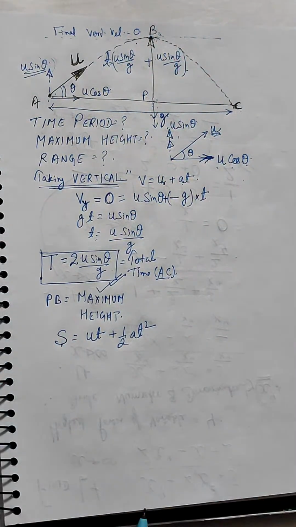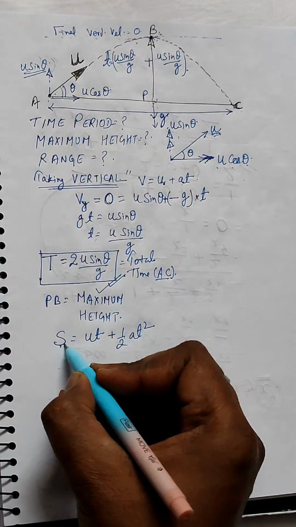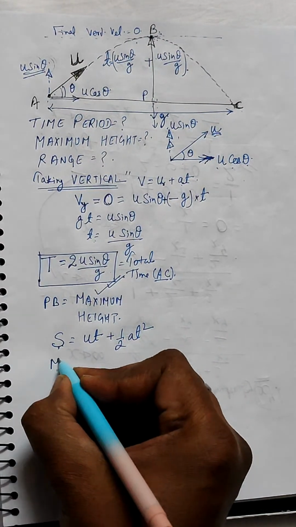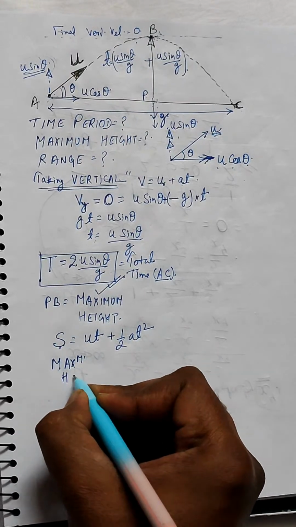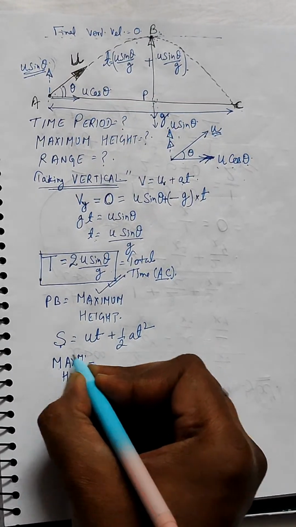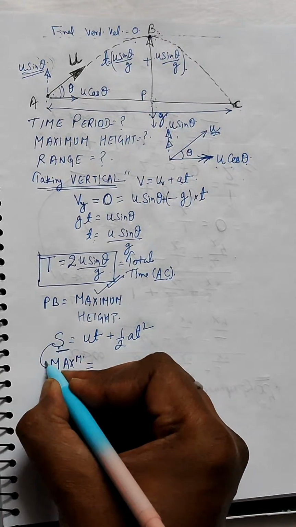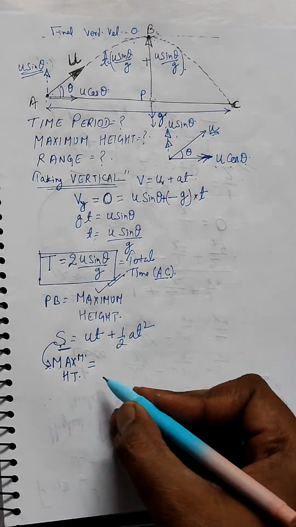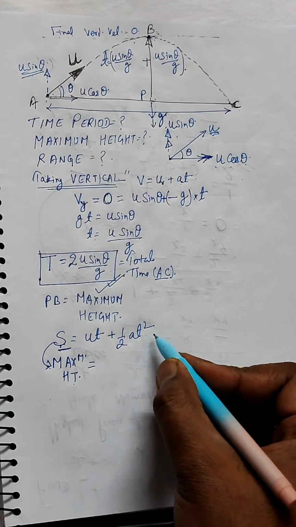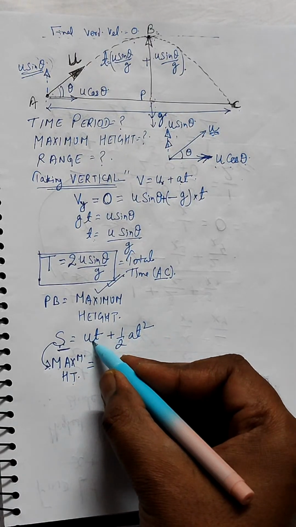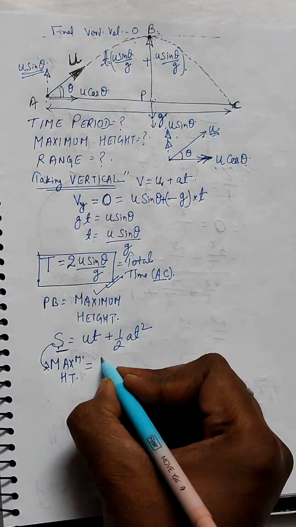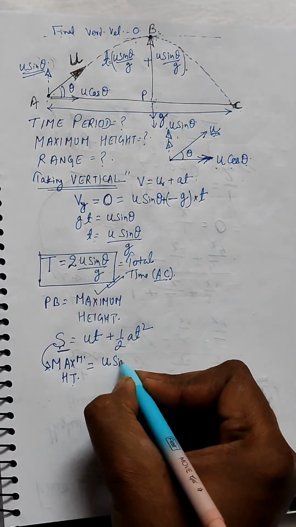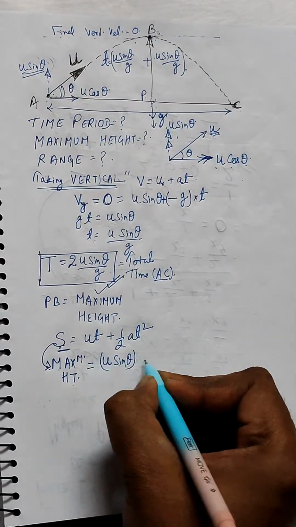So in place of S we are writing maximum height. This is equal to ut plus half at square. So ut you know: u is the initial vertical component, u sin theta, into t.